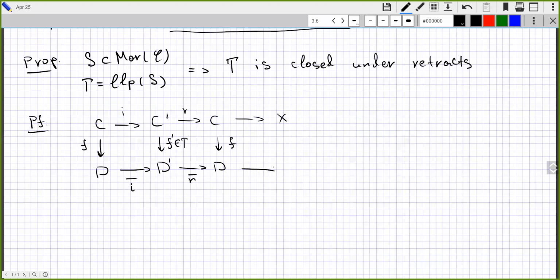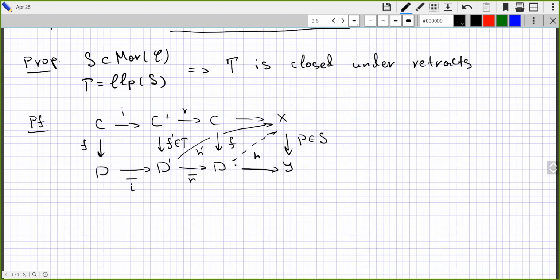We got also such a square on the right with vertical arrow living in S, and we know that a section lift exists, and want to show that such an arrow exists.